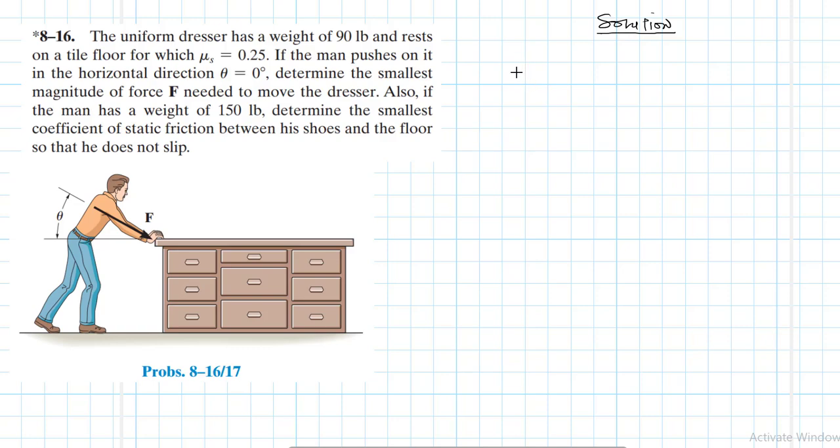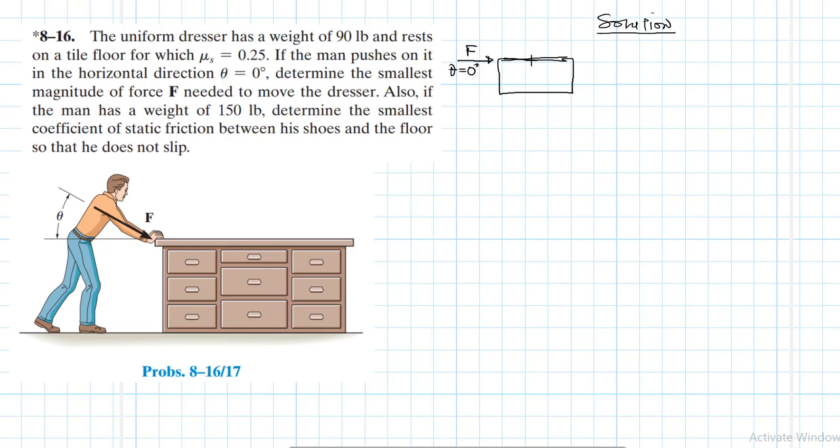So we need to draw the free body diagram. There we go, we have the dresser like so. And then the force we are being told is supposed to be horizontal, F, theta is equal to 0 degrees.